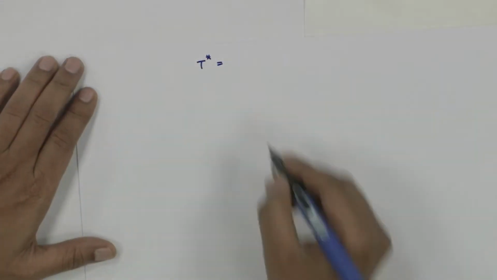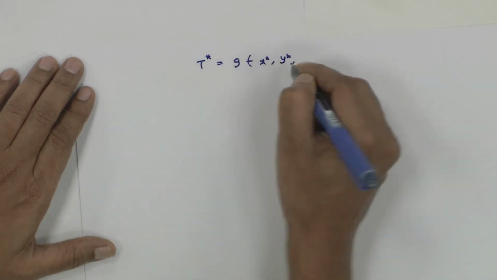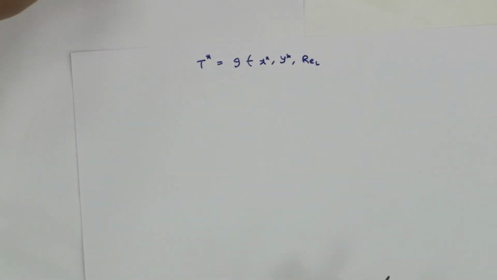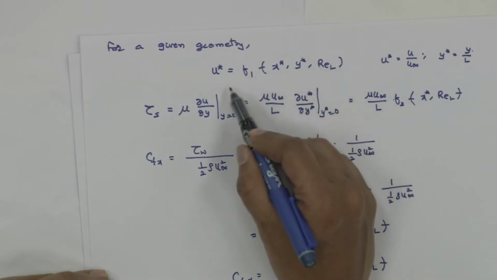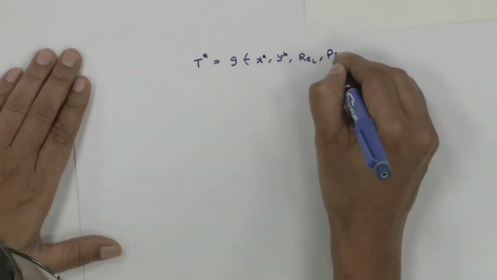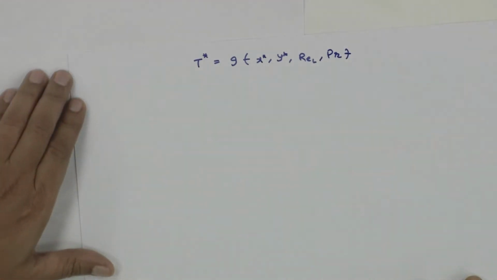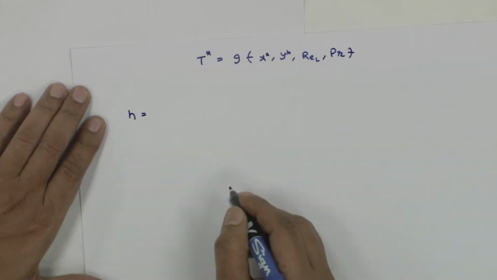So, now let us write down the dimensionless temperature, that is T star, equal to a new function of X star comma Y star. If you recollect, for Cf we had taken U star as a function of X star, Y star and Reynolds number, but for the energy equation, in addition to this, we need the Prandtl number, because that is what we got when we did the non-dimensionalization of the energy equation. So, this is T star. Now, let me write for H the way I wrote for Cfx.